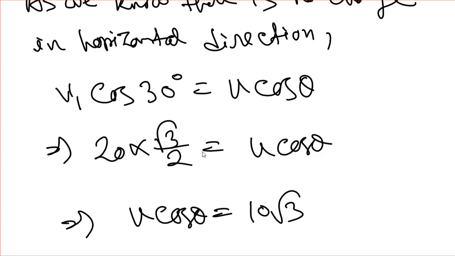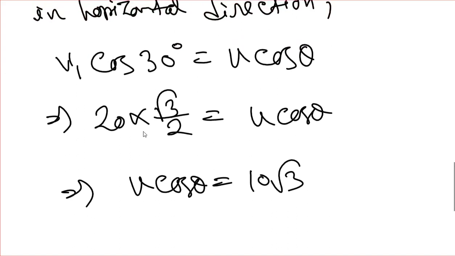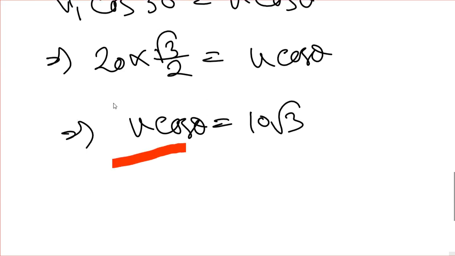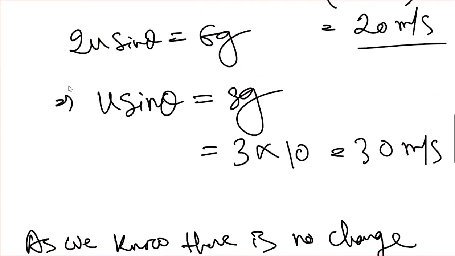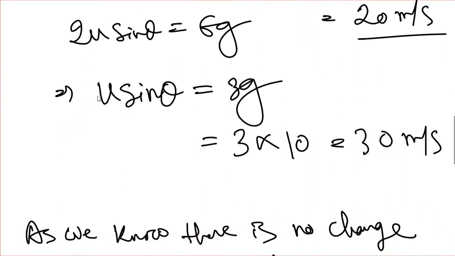Okay, so what we have found that this is u cos theta. Okay, that is the value is 10 root 3, and u sin theta, the value is 30. Okay, the value of u sin theta, that is 30.